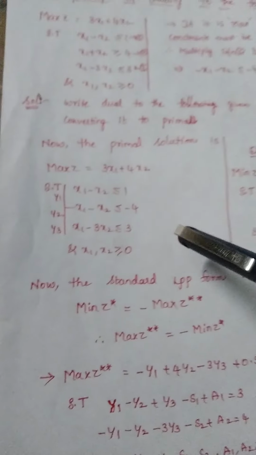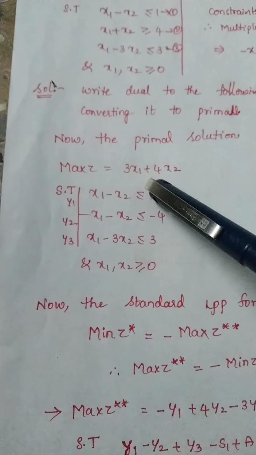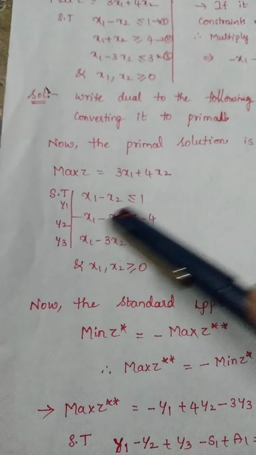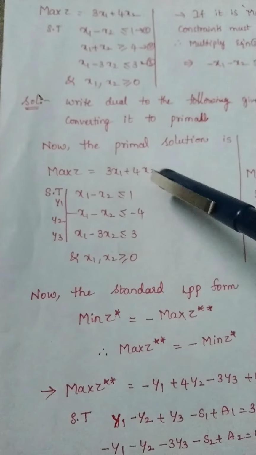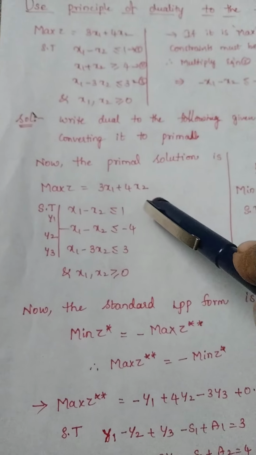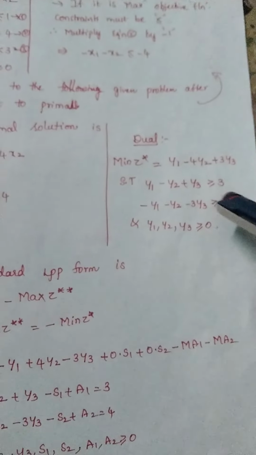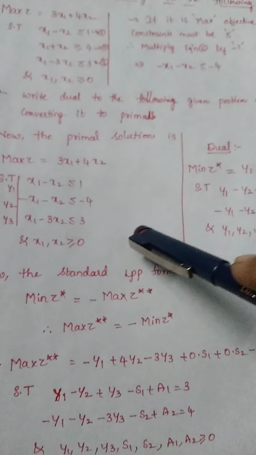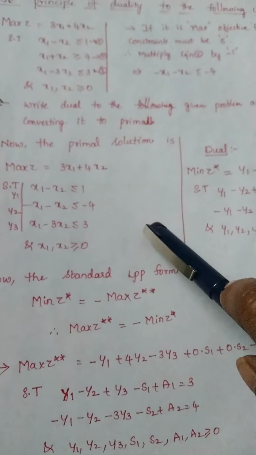Now the constraint will become y1 minus y2 plus y3. Here it is less than or equal to, now it will change to greater than or equal to the x1 and x2 coefficients. What are those x1 and x2 coefficients? 3 and 4. Those I have written here. Now you may have an idea regarding the change from primal to dual.